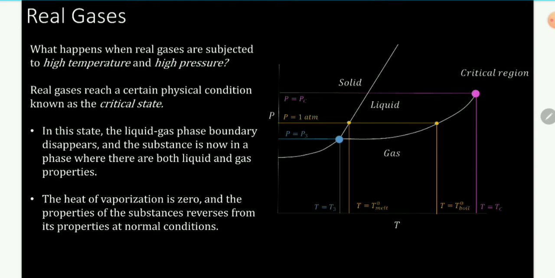Hindi na dito or nawawala na yung mga properties like latent heat, okay, yung mga enthalpy of vaporization, condensation. Hindi na rin dito applicable yung processes ng condensation and evaporation kasi wala na silang latent heat. Kumbaga, yung mga properties ng liquid and gas, nagsasama na siya at the critical region.